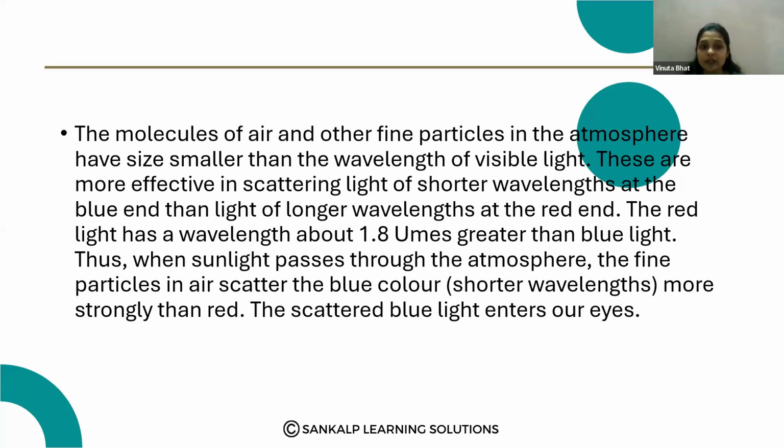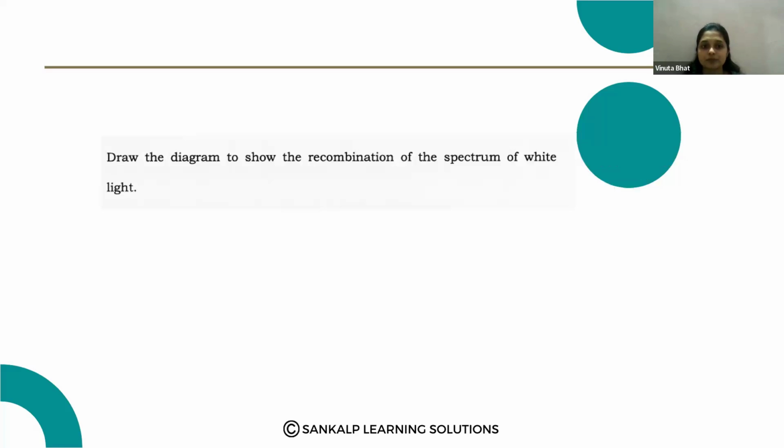These are more effective in scattering light of shorter wavelengths at the blue end than the longer wavelengths at the red end. The red light has a wavelength about 1.8 times greater than the blue light. Thus, when sunlight passes through the atmosphere, the fine particles scatter the blue color, so that reaches us and the sky looks blue.